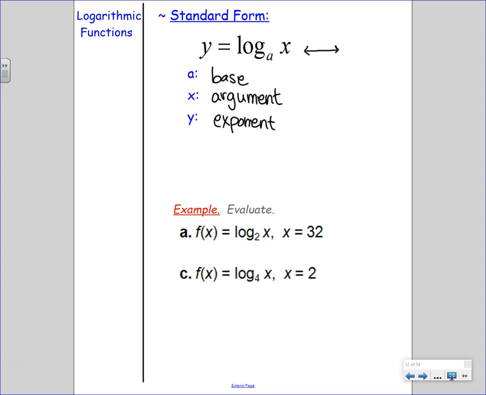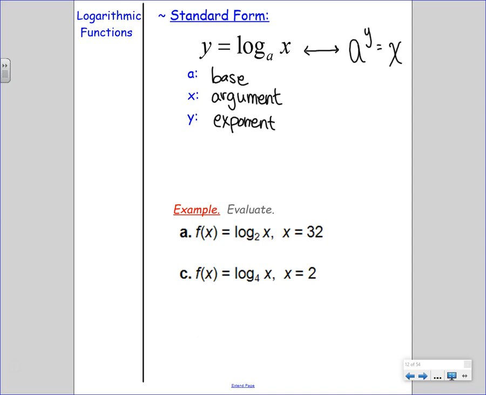Because it's very helpful to know how to visualize going from logarithmic form: take the base to the exponent to equal the argument. I like to think of it as a shortcut, going back and forth across the equation.